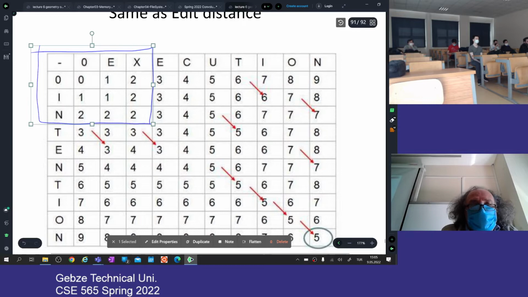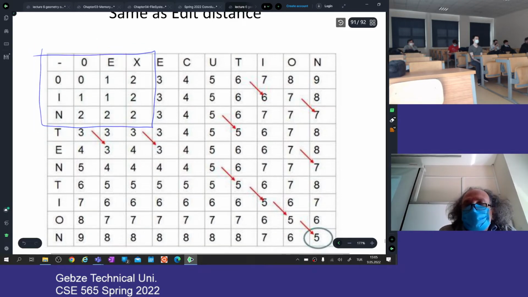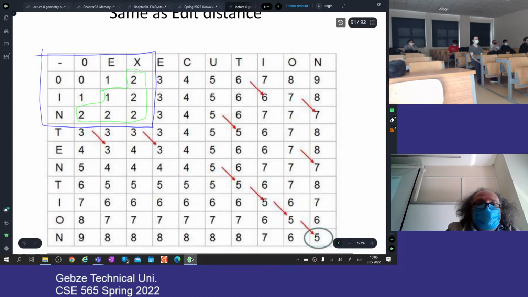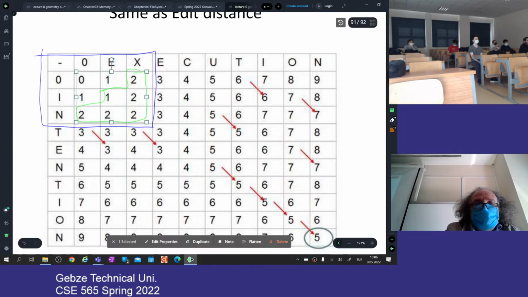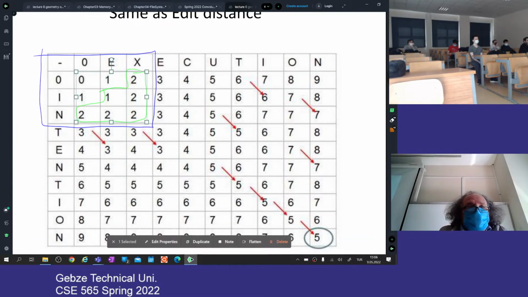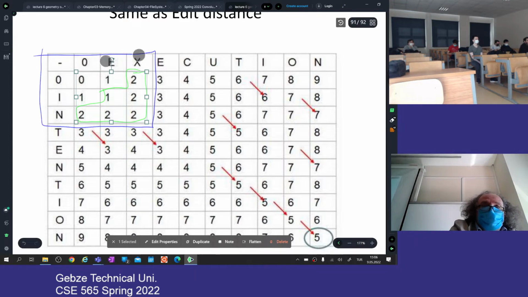By the way, when I add this part, only this part, I calculated this by just checking the neighbors. So I have already used the already calculated points. So matching 2 letters with 2 letters.